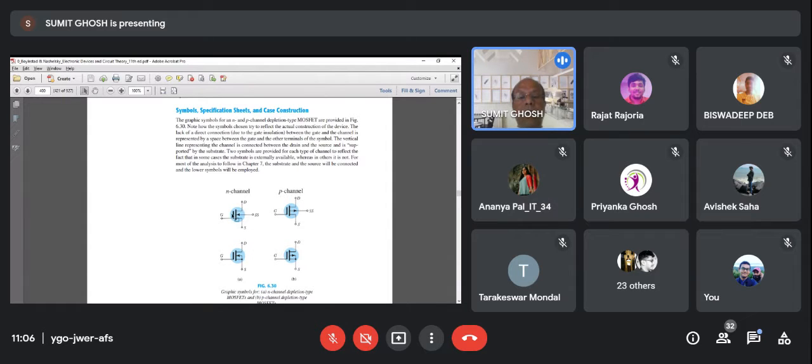Second point to note: there is a short bar for the gate and a long, solid bar for the channel. In N channel, the channel is N, so the substrate is P. So obviously from P to N, the arrow direction is there, in both cases. Whereas in P channel, the channel is P and the substrate is N, so the arrow is in the opposite direction.